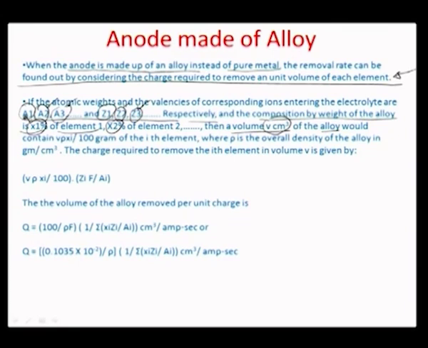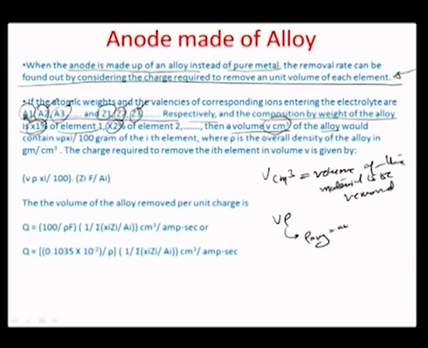So, if V centimeter cube is the total volume of the material that is to be removed, so the amount of mass that it would contain would actually be V rho, where rho is the average density, and this is something we need to find out in a practical application.